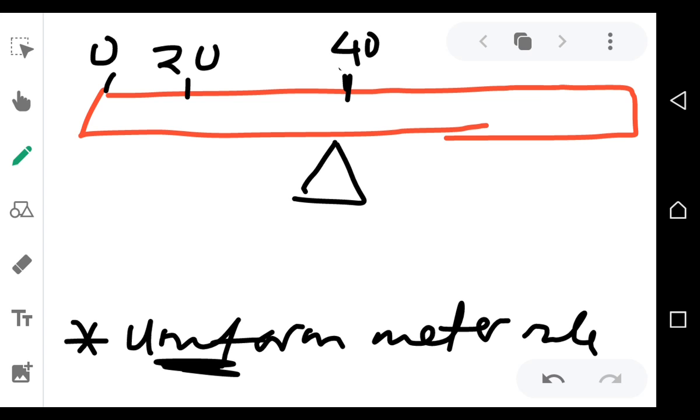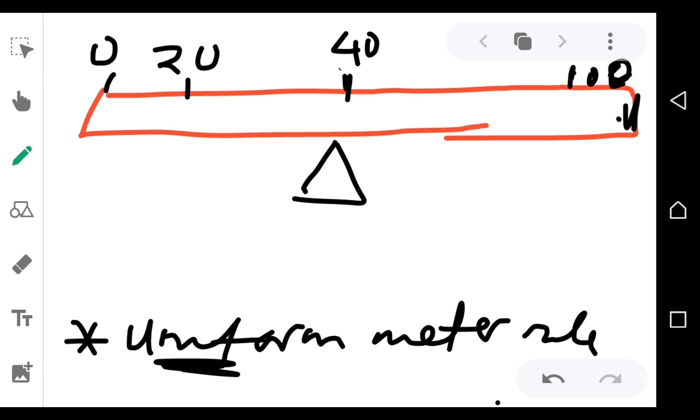And then I put 100 at the end here. So this end is 100.